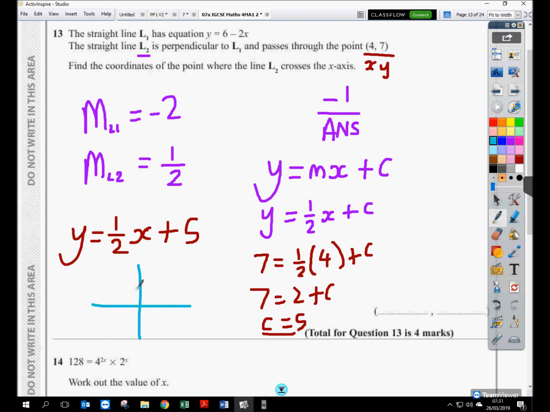Let's draw a little sketch for a moment. The graph crosses the y-axis at 5 because c is 5 and it has a gradient of a half. So it's a positive gradient. It's going to look something like this. We can work out where it crosses the x-axis, because at this point, remember coordinates are always x, y. From the origin, we go along the corridor, question mark, don't know.